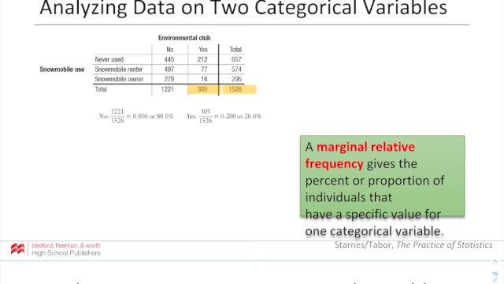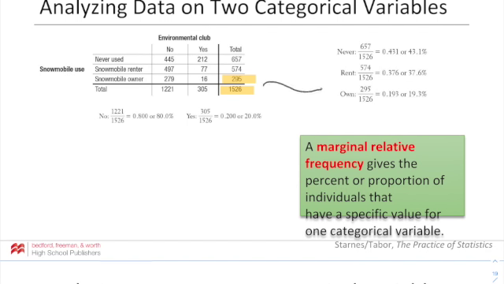Or we can look at those that are in the club. So those are looking at the column totals. You could also do it by row. If they've never used a snowmobile, they rent one, or they own one. As you notice, I have each of the numbers that's being used for the percentages highlighted in the table so that you can see where it's coming from.